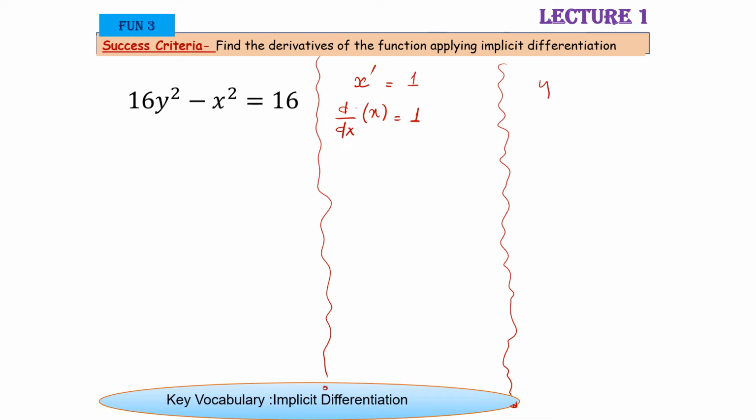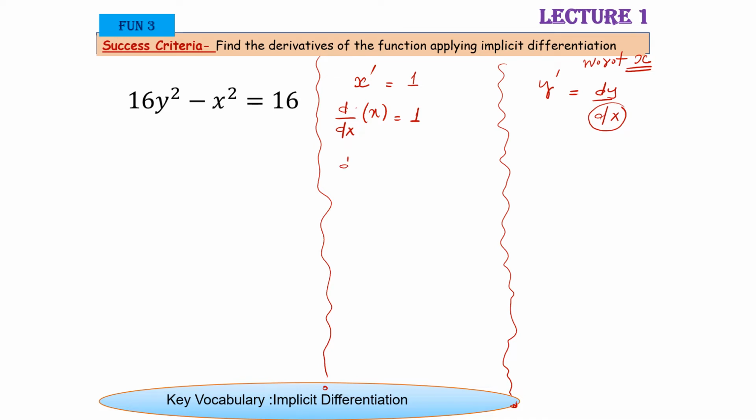Now if I ask you to take the derivative of y with respect to x, meaning all derivatives are taken with respect to x, it will be written as dy by dx, or the derivative of y will be y prime, because we are differentiating with respect to x.